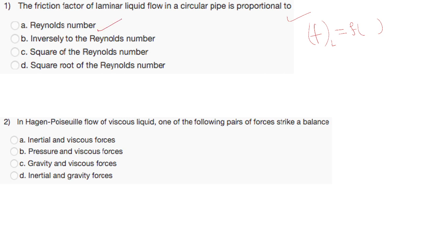Reynolds number, inverse of Reynolds number, square of Reynolds number, or square root of Reynolds number. For calculating the friction factor, think for 1 minute. You have time for thinking. This is important; I think sir has covered these things in the video class also.